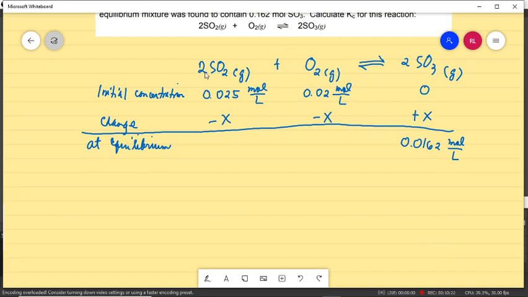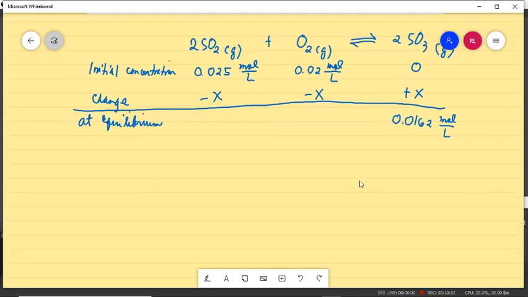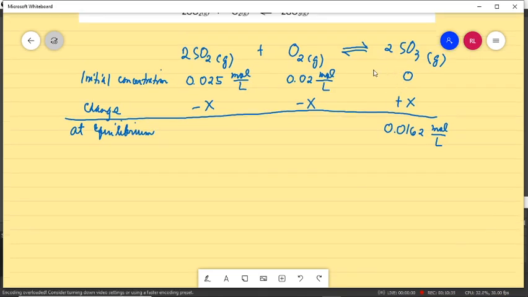So what is the ratio you have here? For every 2 moles of sulfur dioxide, you need 1 mole of oxygen gas to form 2 moles of sulfur trioxide. That's the ratio. So if we have 0.162 mole of sulfur trioxide, then how many moles of sulfur dioxide and oxygen gas are consumed to form this amount of sulfur trioxide?